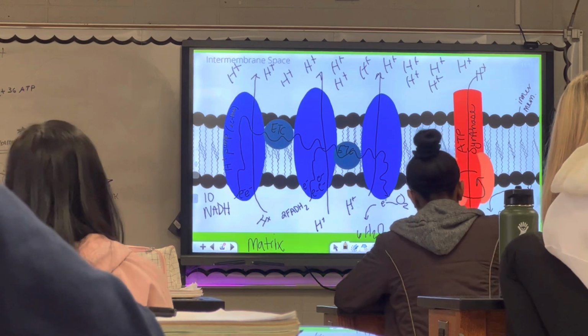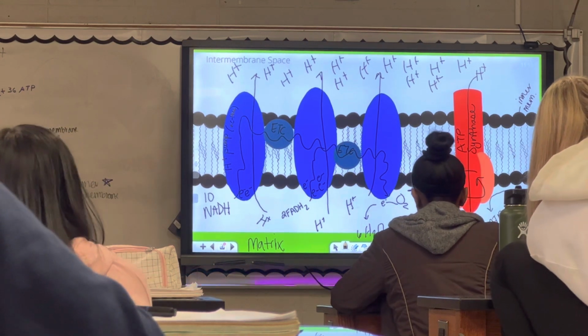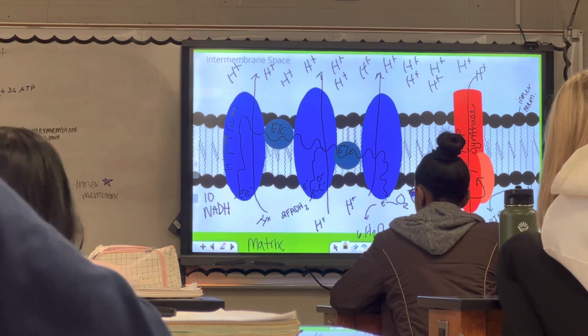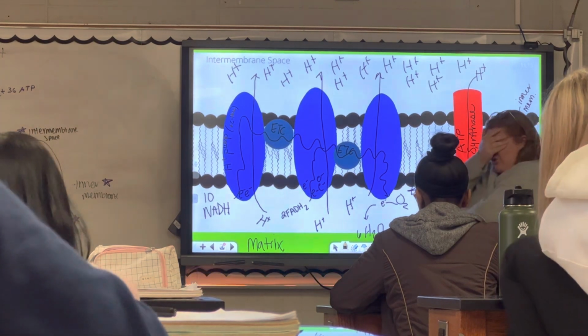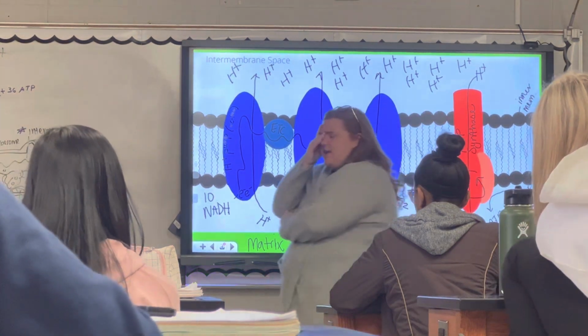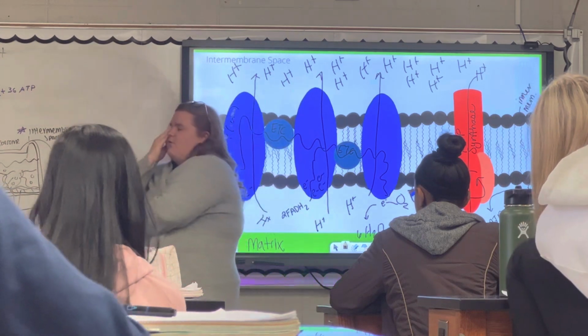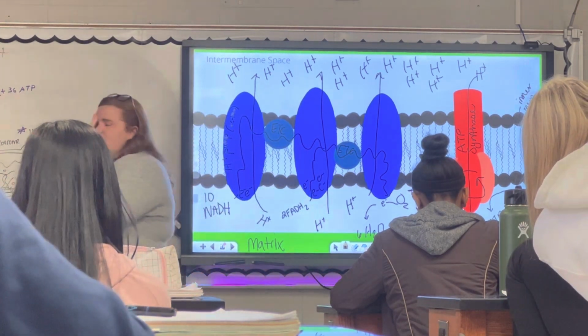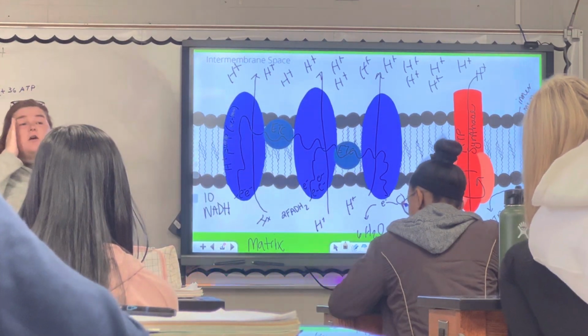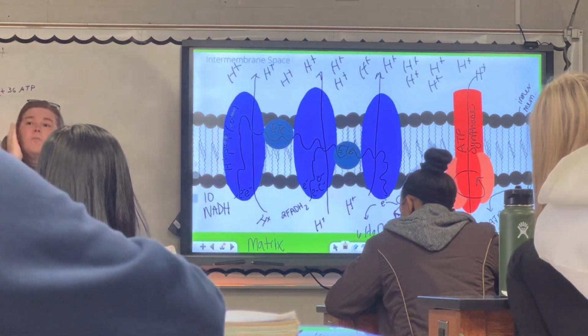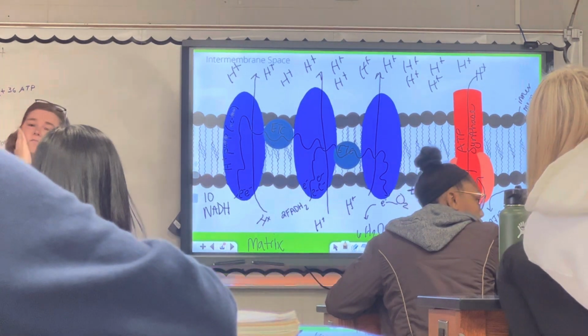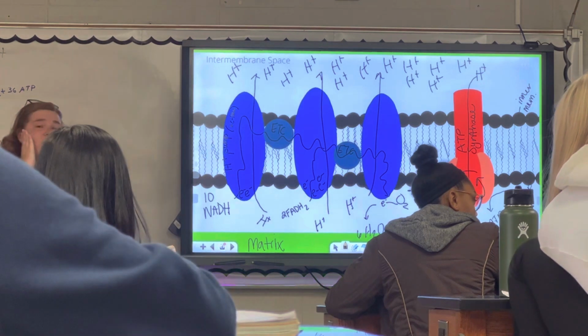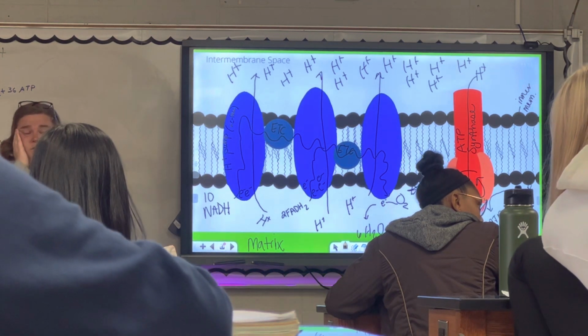Are you ready to have your mind blown? Yes? Okay. When we talked about glycolysis in animal cells, glucose comes from our food, and in photosynthesis, it comes from the carbon cycle. So think back to tracing the pathway of electrons in photosynthesis.